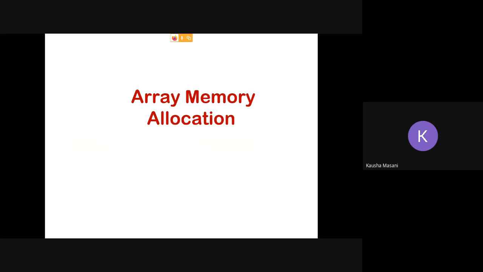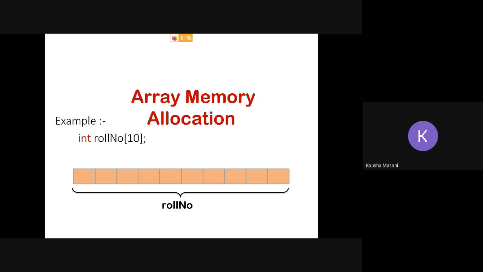Then we come one step ahead, to arrays. Your array memory allocation is something like this. You declare an array like integer roll number, and inside the square brackets you write the size, so size will be 10. When this line is executed in your program, exactly 10 blocks are reserved, each of 2 bytes for an older compiler or 4 bytes for a modern compiler.